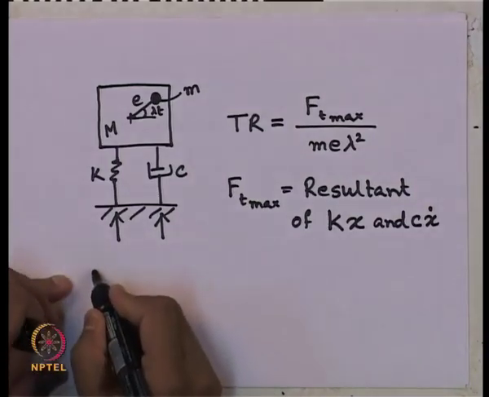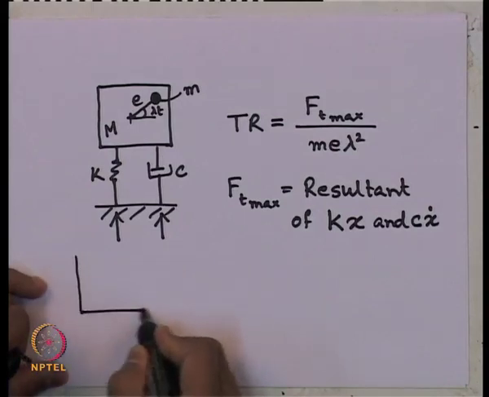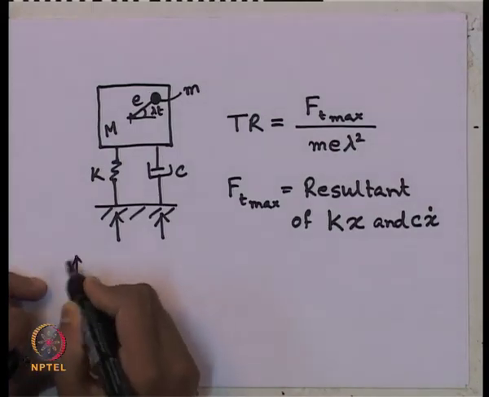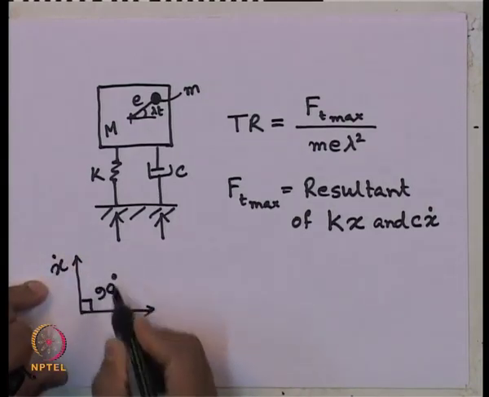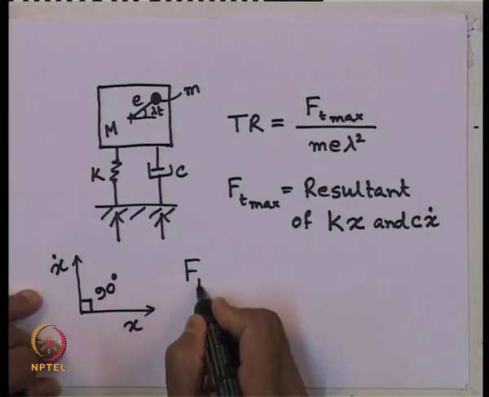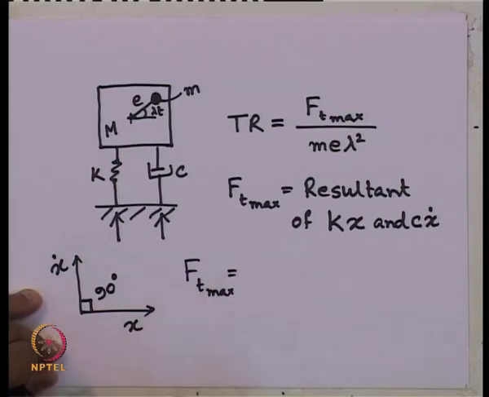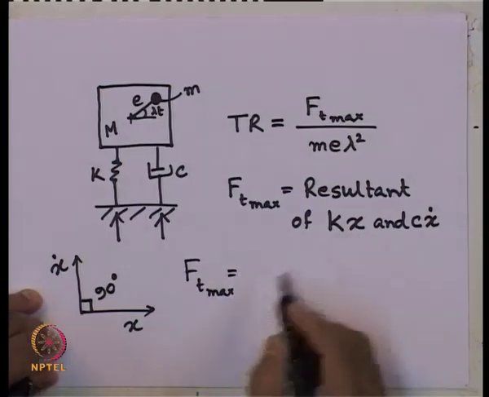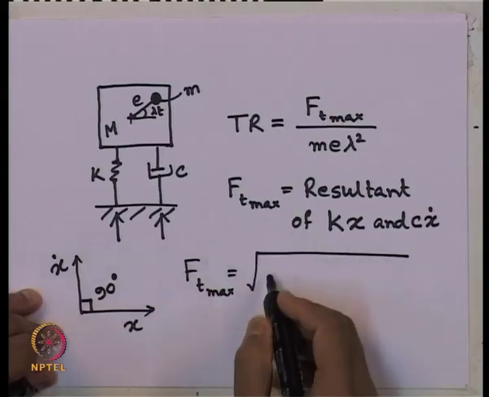Now, remember these two forces are not acting in the same direction, they are orthogonal to each other, because we know the displacement function and velocity function act orthogonal to each other, right. So, what will be the value of f t max? That will be this x, if we express it in terms of the maximum value we are taking.